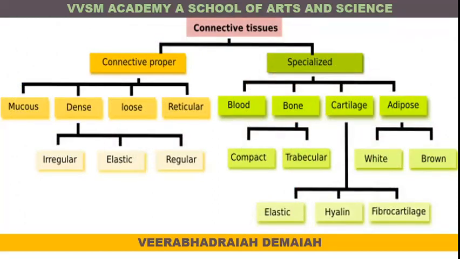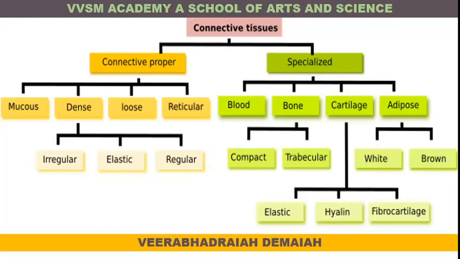Connective tissues are classified into two main groups, connective proper and specialized. The connective proper is further divided into four branches: mucous, dense, loose, and reticular. The dense is further divided into three: irregular, elastic, and regular connective tissues. Coming to the specialized, it is further divided into four branches: blood, bone, cartilage, and adipose.